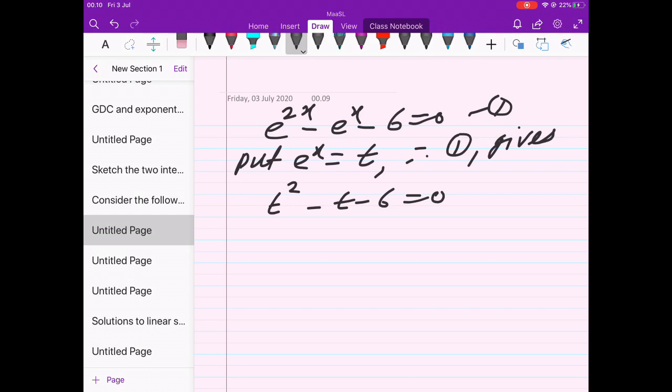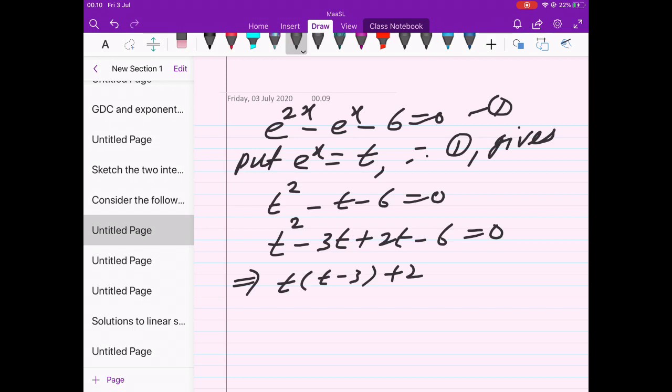Factorize. So t square minus 3t plus 2t. I assume that you know the factorization of a quadratic, or you can solve by GDC, or you can use the quadratic formula as well. It implies t common, t minus 3 plus 2 common, t minus 3 equal to 0.